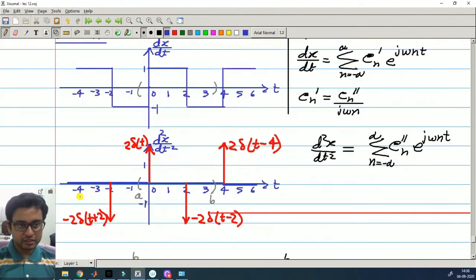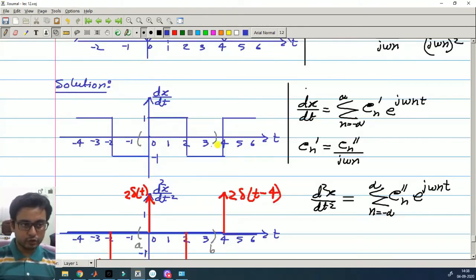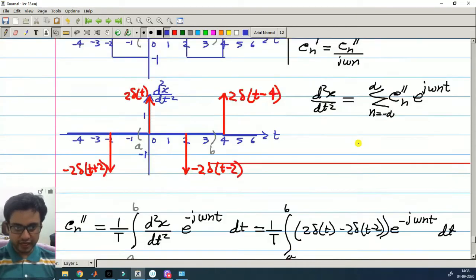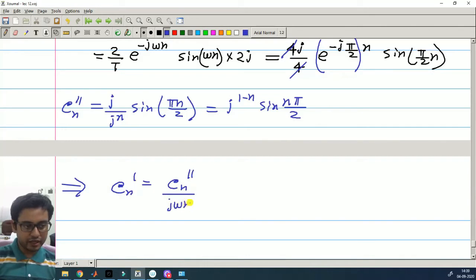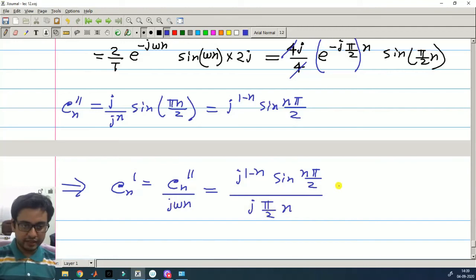Now from this, let us calculate the Fourier coefficients for dx/dt. Cn prime equal to Cn double prime by j omega n. So Cn prime is Cn double prime divided by j omega n, that is equal to j to the power 1 minus n sine n pi by 2 divided by j, omega is pi by 2 n.